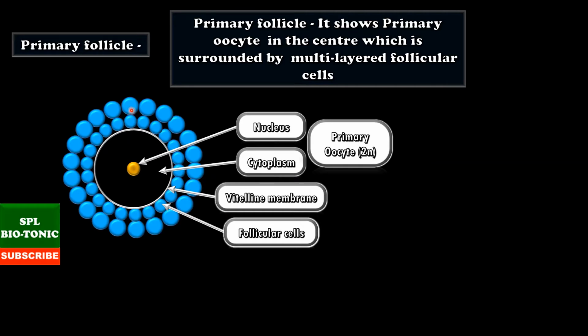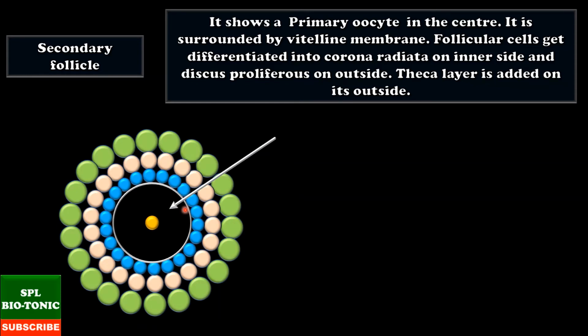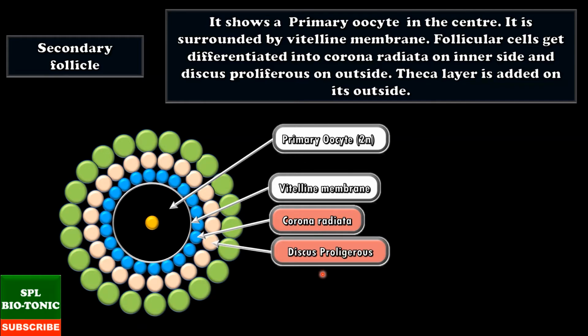Now this is the structure of a secondary follicle. In this case, follicular cells get differentiated into two layers, inner corona radiata cells and outer discus proligerus cells. A theca layer is added on its outside. Students, as the secondary follicle is growing, it starts producing a hormone called estrogen.